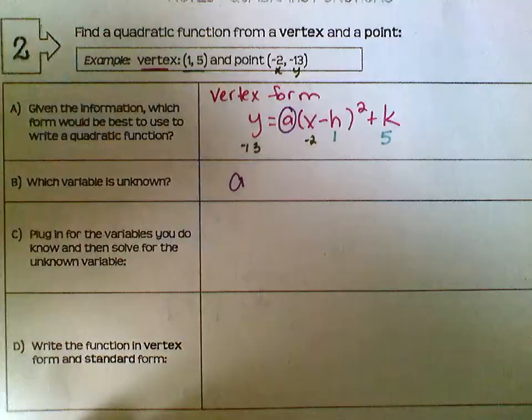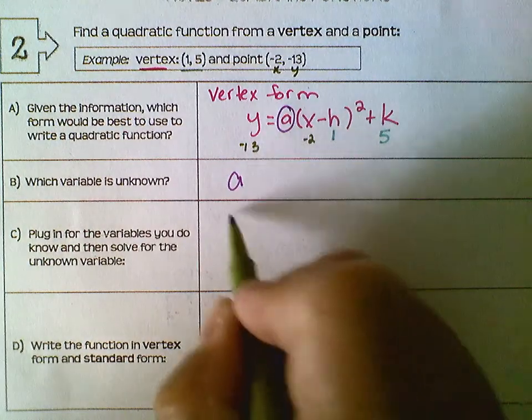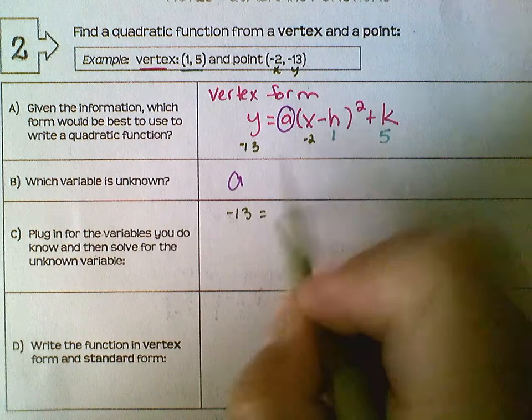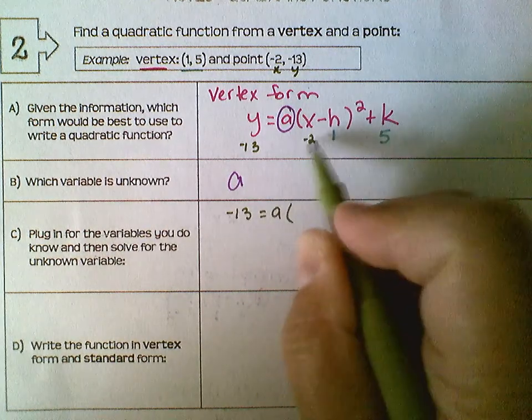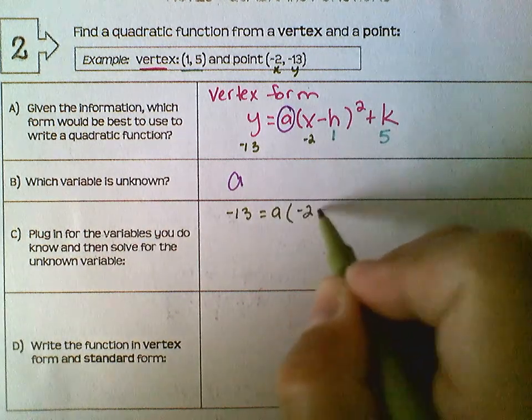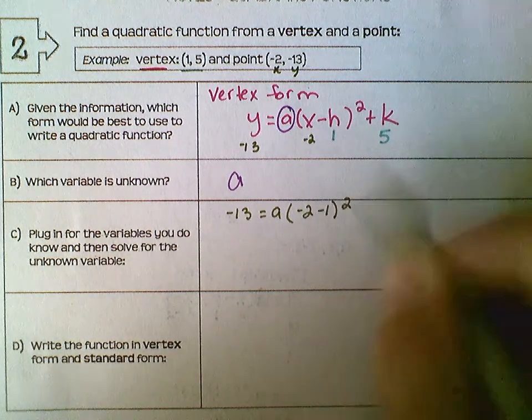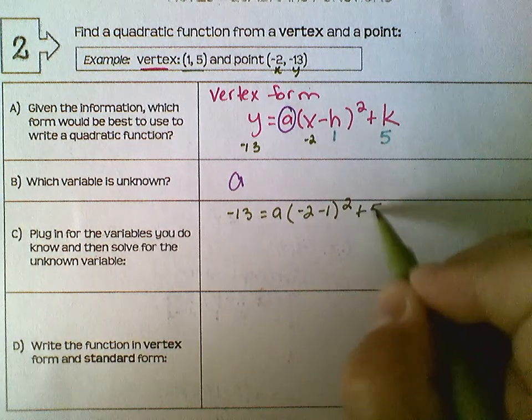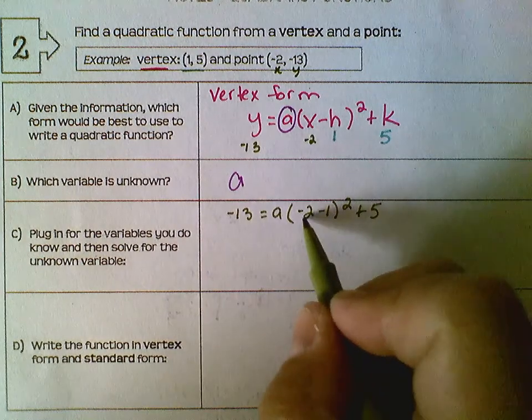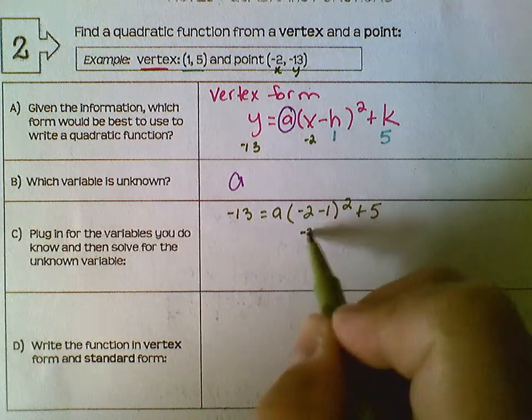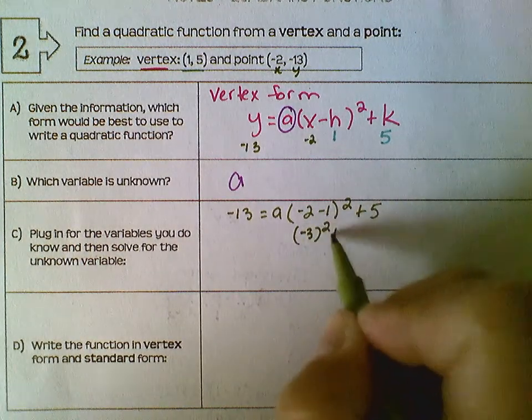So let's plug in our stuff. So we have negative 13 equals, we don't know what a is, negative 2 minus 1 squared plus 5. All right, so negative 2 minus 1 is negative 3 squared.